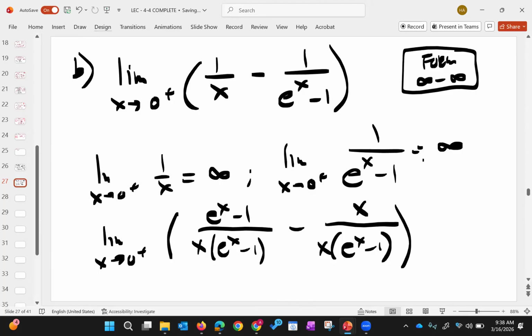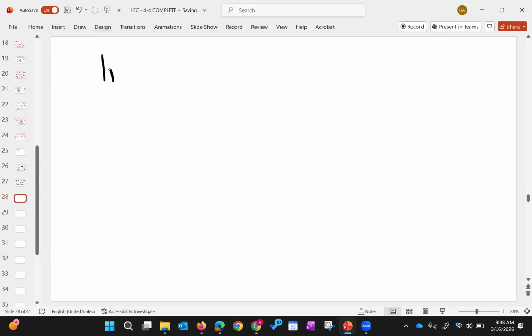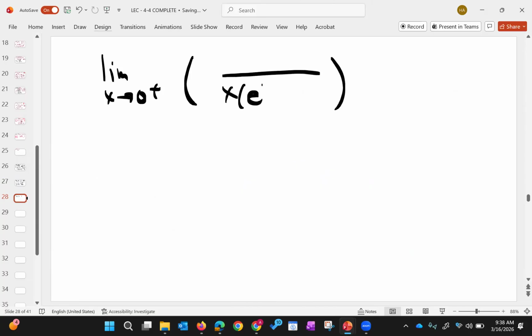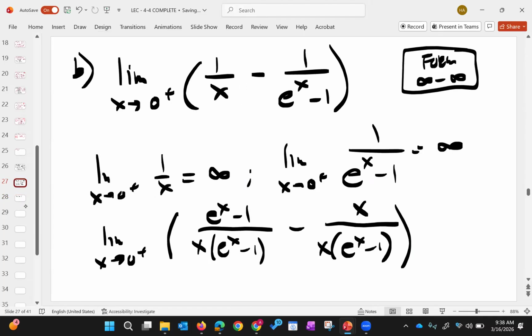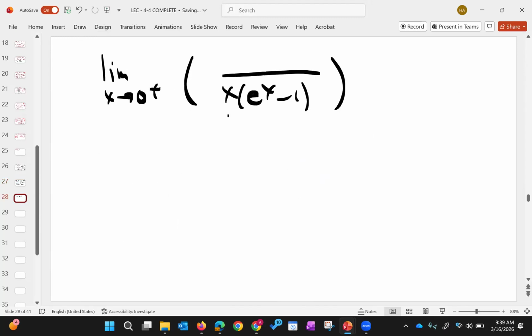Putting it all together, the bottom I have as x e to the x. The top, let me go back real quick here. How about e to the x minus x? Is that okay?